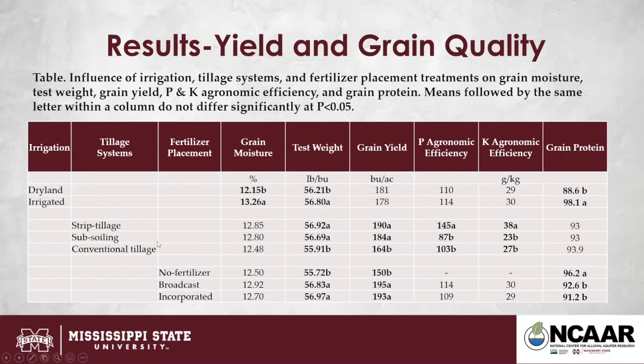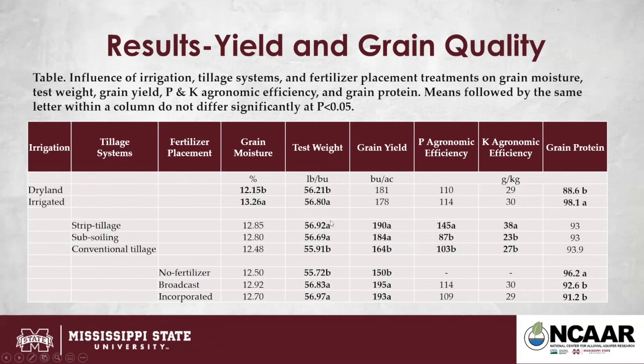Again, we have irrigation as dry land and irrigated, tillage system is strip till, subsoil and conventional till, and fertilizer placement is no fertilizer, broadcast, and incorporated. And how we calculate phosphorus or potassium agronomic efficiency: it was the difference between yield from treated plot and the yield from control plot divided by the amount of fertilizer applied, P or K applied.